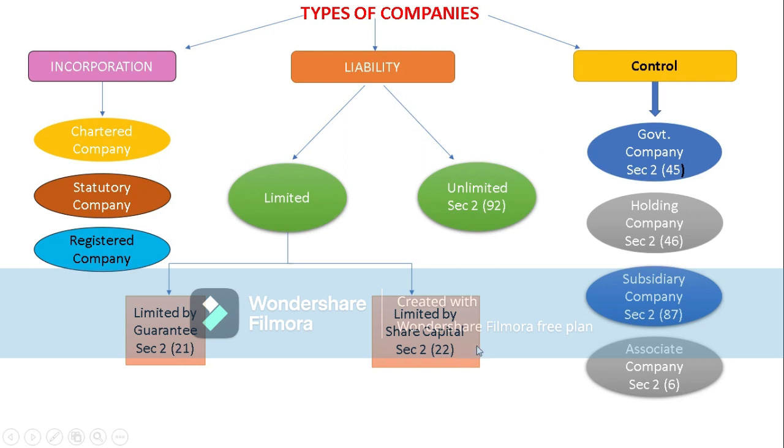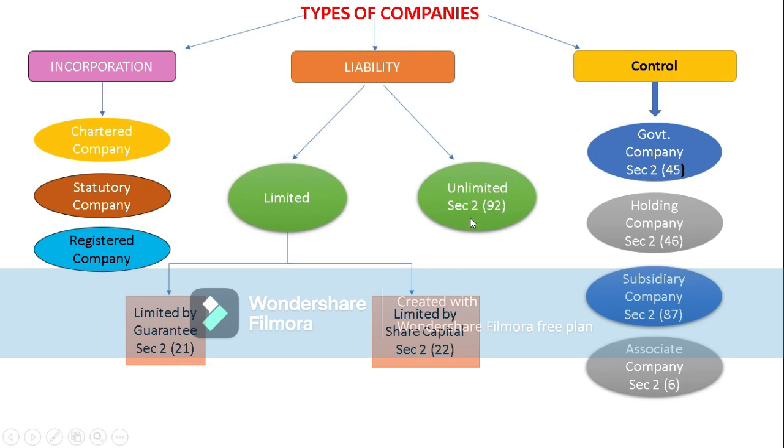If at all he is unpaid to a certain amount, for example 2,000, the company could definitely ask for 2,000 only, but not beyond that. This is about limited by guarantee and limited by share capital.